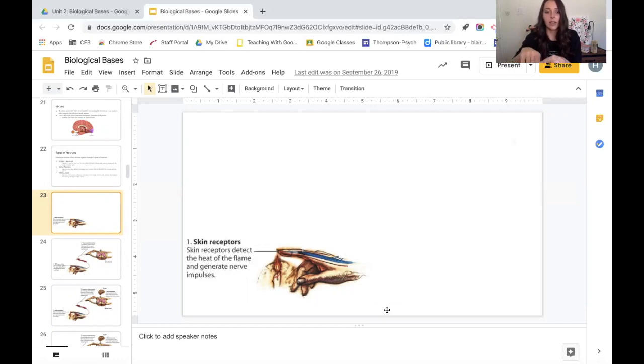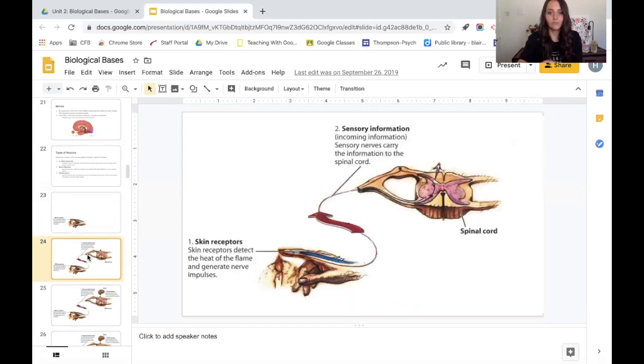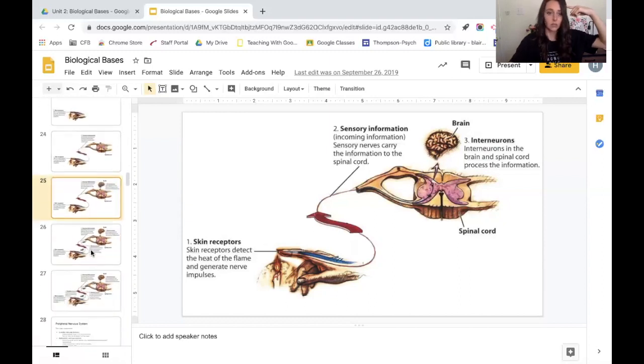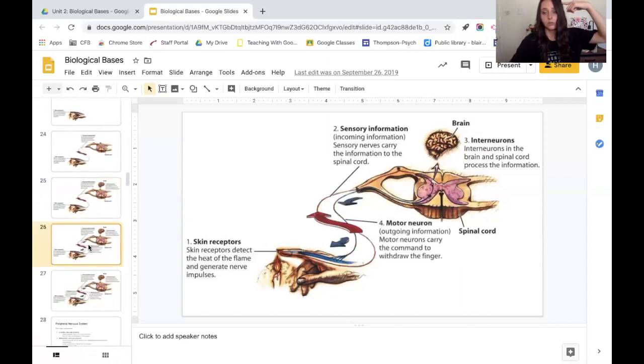And so that is going to travel to your spinal cord. So the sensory neurons are going to go from your skin to your spinal cord. And then your interneurons are going to take that information from your spinal cord up to your brain. We've got to interpret it, right? Your brain is like, oh, that's hot. You should probably move your finger.